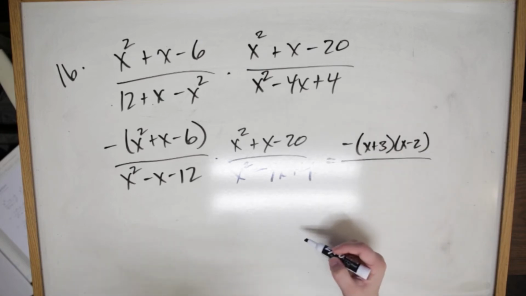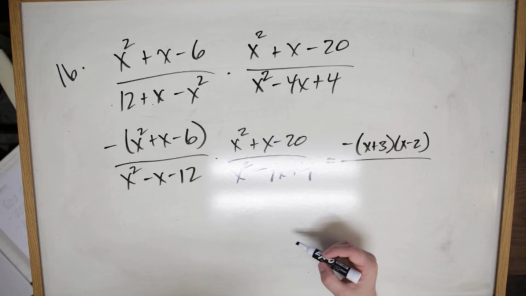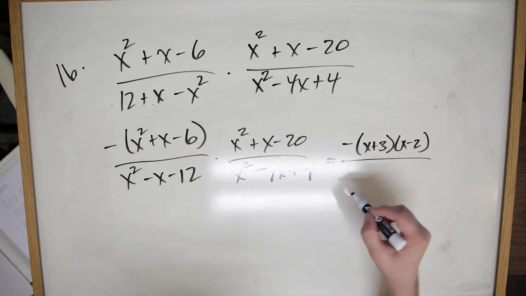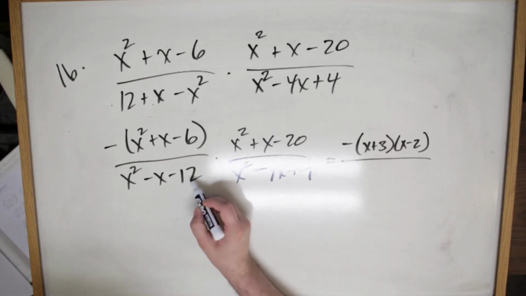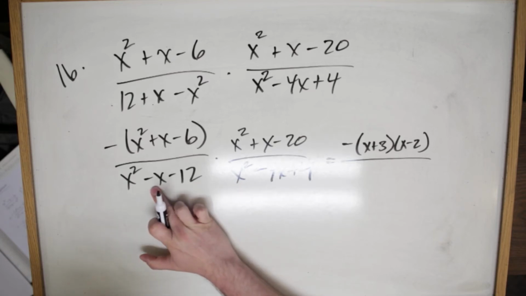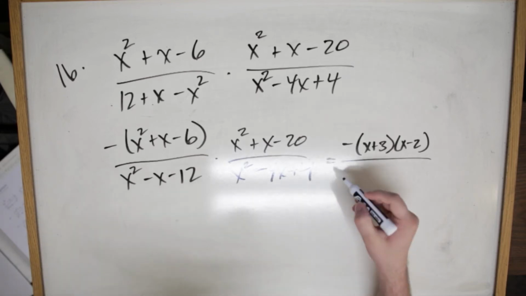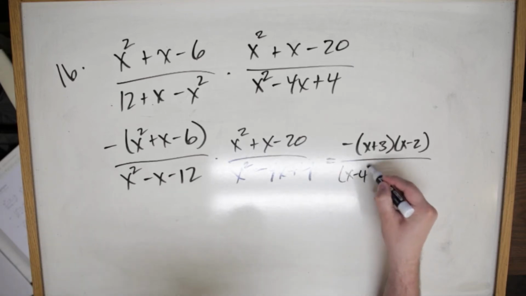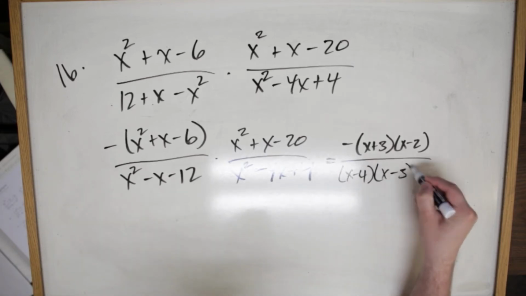I've got to be careful, I might run out of room here. Then for 12 it's going to be 4 and 3. And since adding them produces something negative, that means the bigger one will be negative. So this is going to be x minus 4, x minus 3.